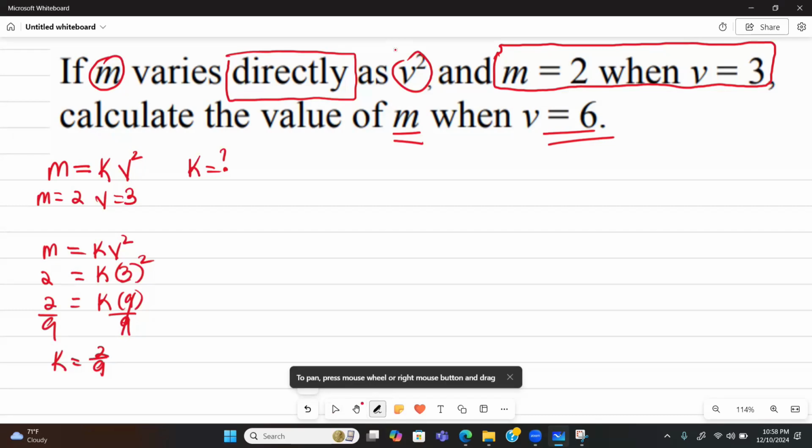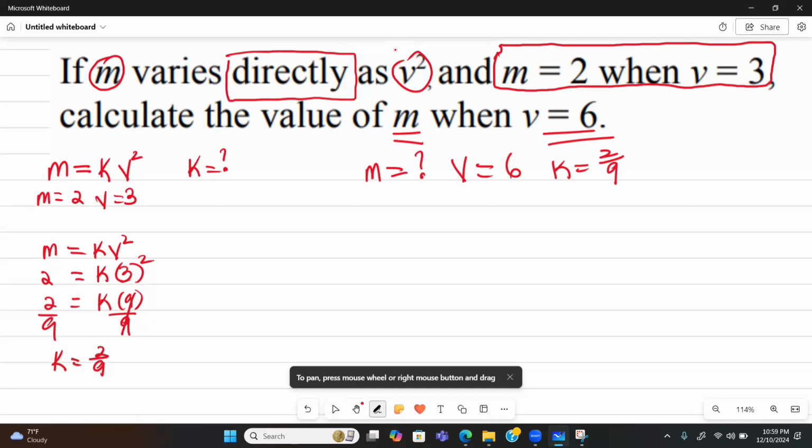So this is what we want to find now. We want to find a value for m when v reaches 6. But remember that k is a constant of variation. So what this means is even when m and v are changing, k is a constant. It's going to remain the same.